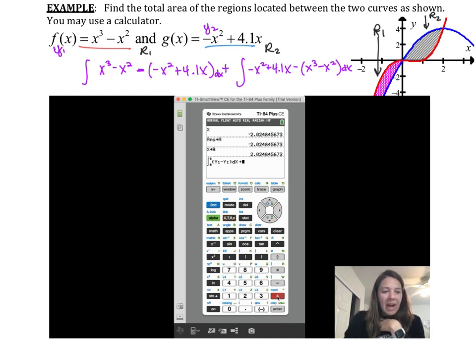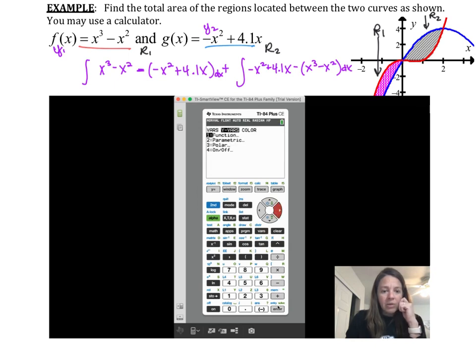And then I'm going to add it to the other region. So I'm going to choose number 9 again. This time I'm going to go from 0, and my upper bound is going to be alpha B. And notice again, I'm not typing decimals, but this time I'm going to do y2 minus y1.